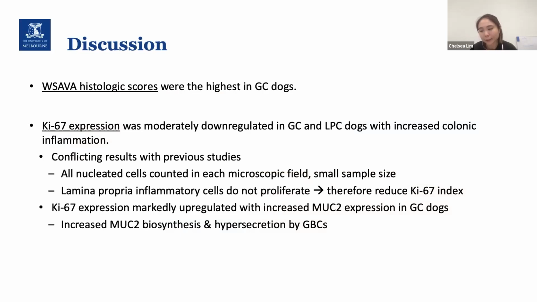As mentioned earlier, these findings were surprising as they differed from observations in previous studies, and possible reasons for discordant results include having a small sample population, only selecting 5 microscopic fields per dog, and our methodology, which included counting on nucleated cells in each field, which would have included cells, apart from mononuclear leukocytes that typically express Ki67 antigen.